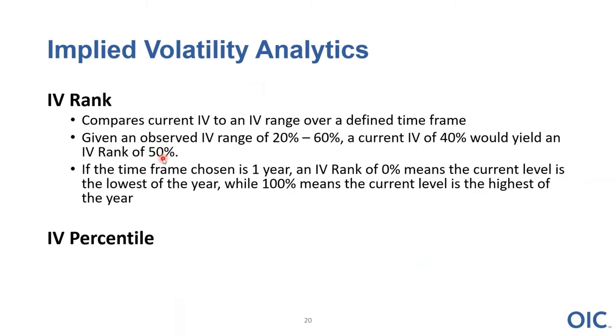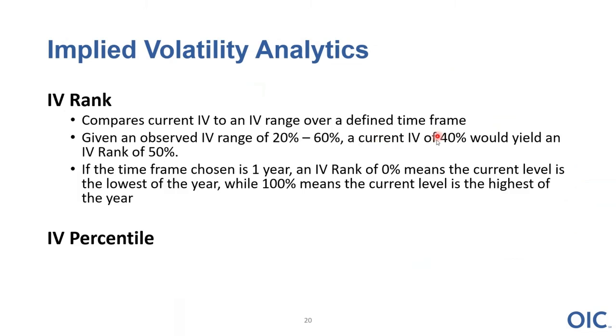It's right in between. If 40% started to drop and move closer to 20, then the IV rank is going to drop somewhere below 50. If 40% starts to move higher, closer to 60, then the rank is going to move up. If you did get to 20, then the IV rank would be 0. And that's what we want to highlight there, just to further clarify the definition. An IV rank of 0 means the current level is the lowest of the year.